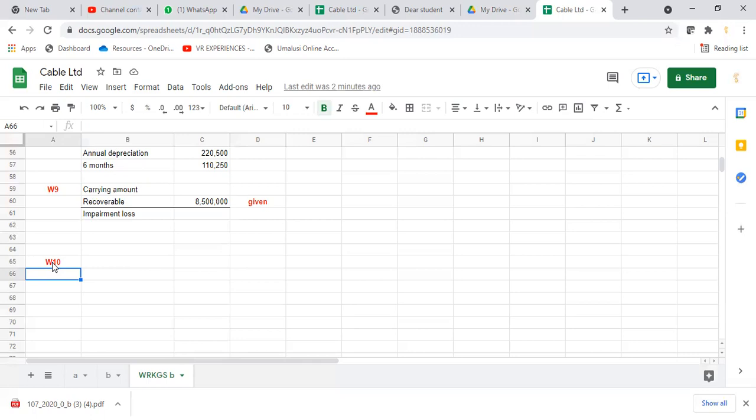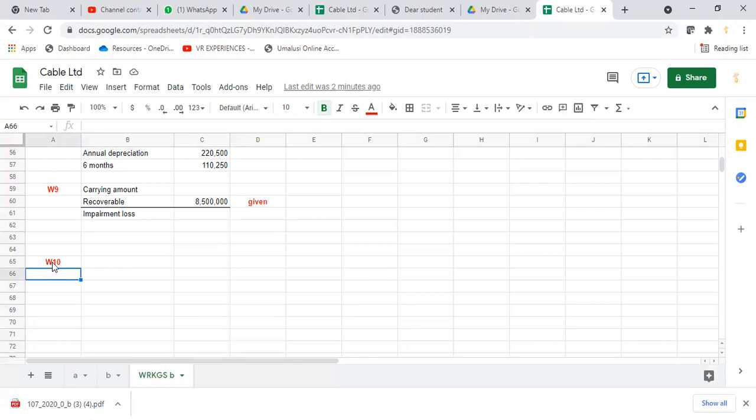Because the plant cannot generate cash inflows independently, we have to test the entire CGU for impairment. That's important to take note.